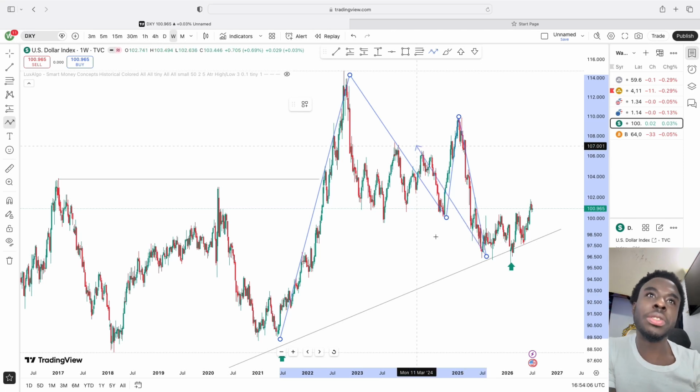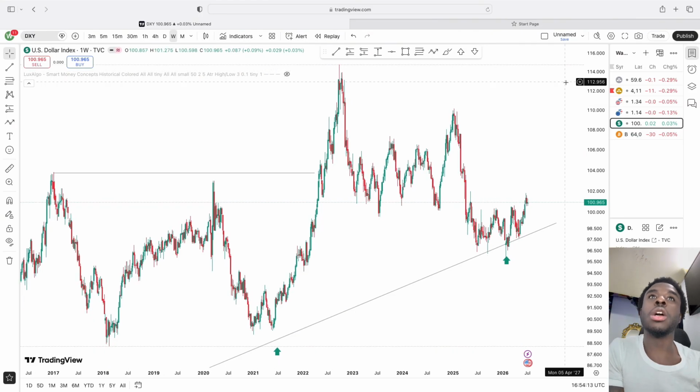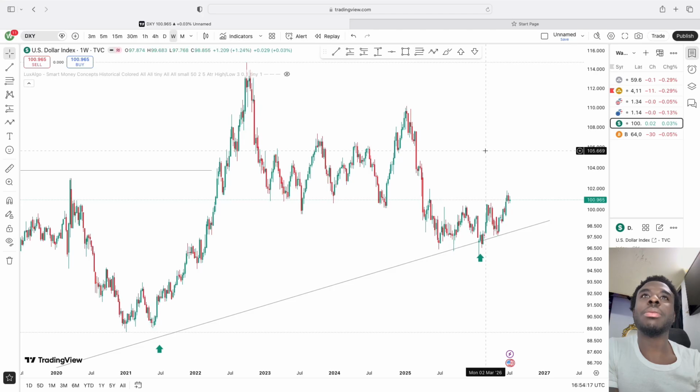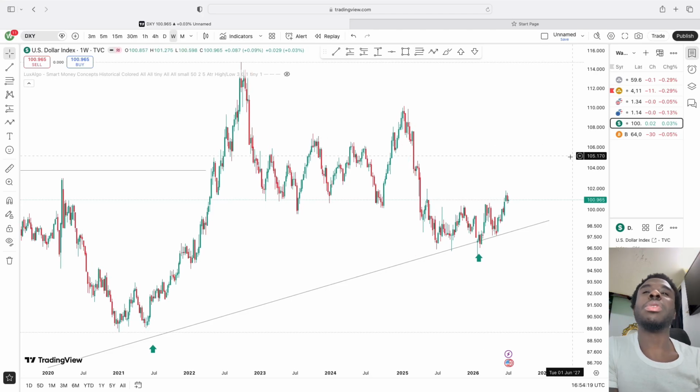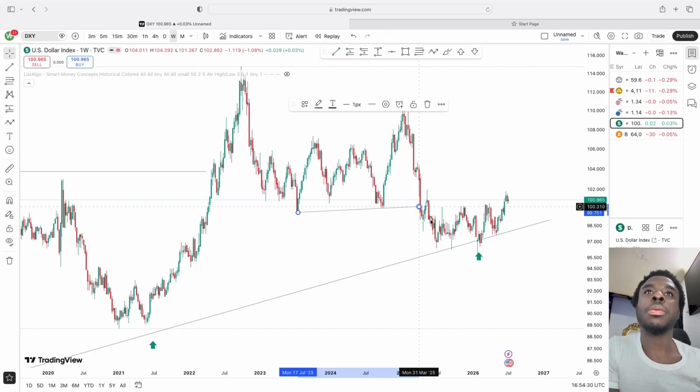Even though the overall trend is bullish, this small price action should give you a clue on what is about to happen, right? When you get something like this, you should know that price wants to change trend, right? Price wants to change from uptrend to downtrend because the previous low has been broken, right?